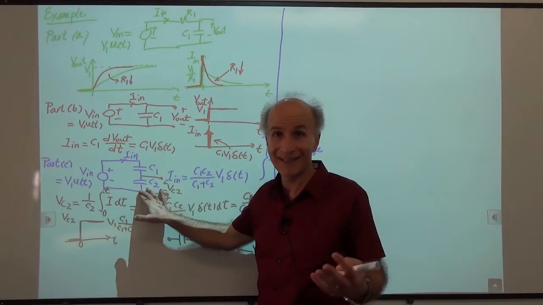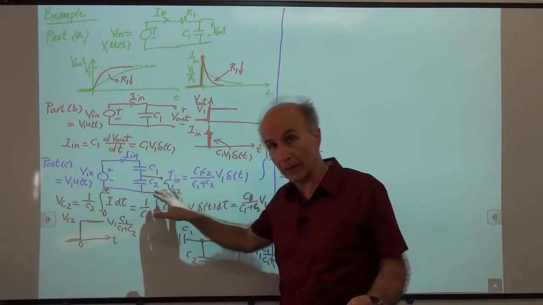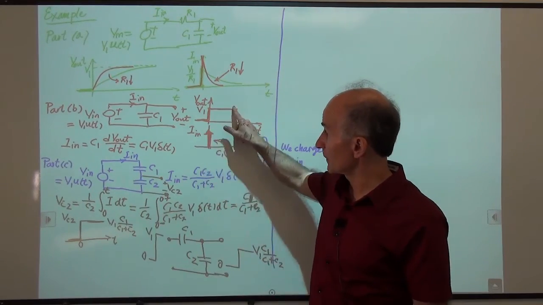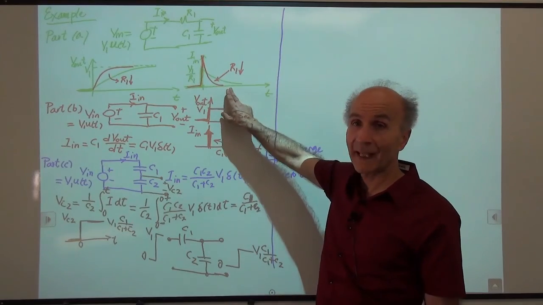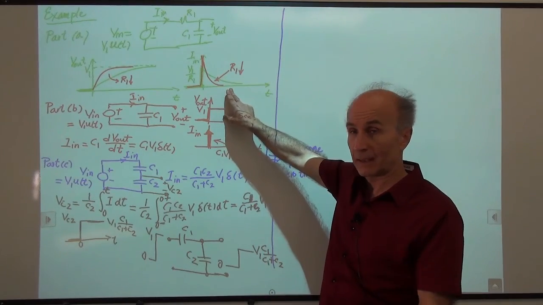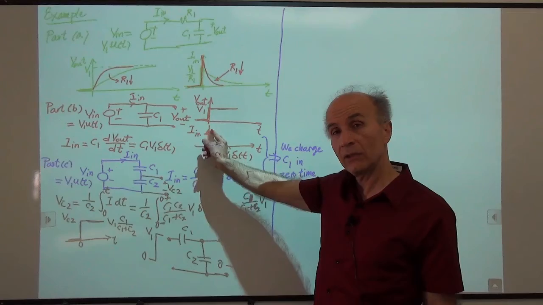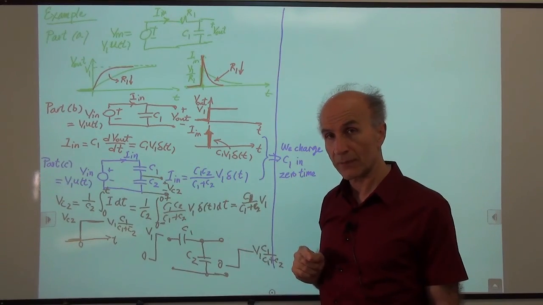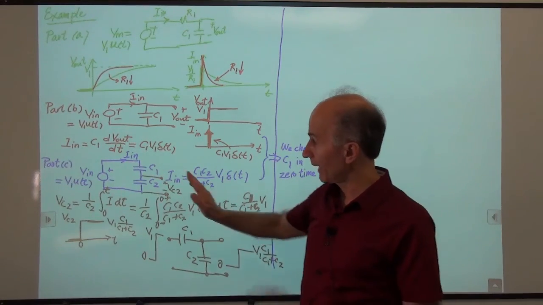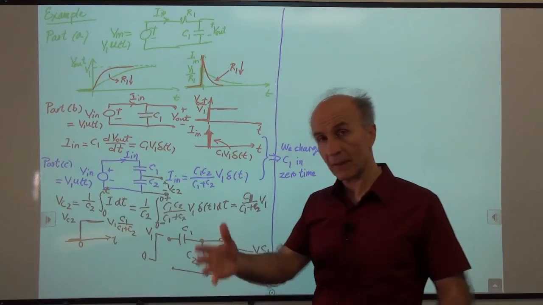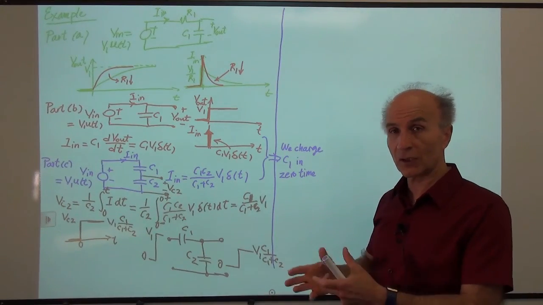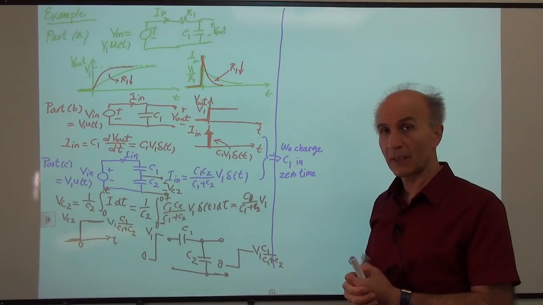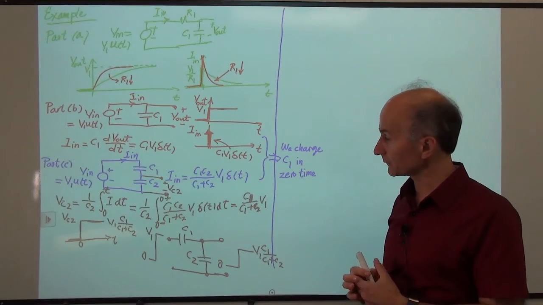That's why we don't see any exponential behavior, right? We just see sudden jumps. And this current waveform that had an exponential tail has lost that tail. It has squeezed into just an impulse. So that's the result of having no resistance in series with these capacitors, and hence the nature of the circuit and the impulse that it generates.